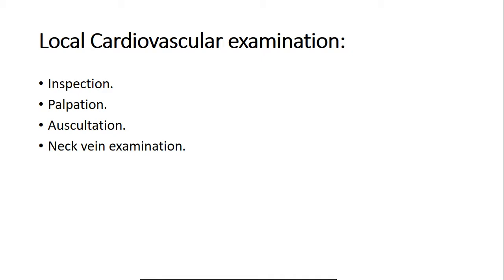This explains S4 just before S1, S3 for heart failure, for hyperdynamic circulation, which you have physiologically with pregnancy, or with anemia, or with hyperthyroidism, or having AV fistula, wherever.